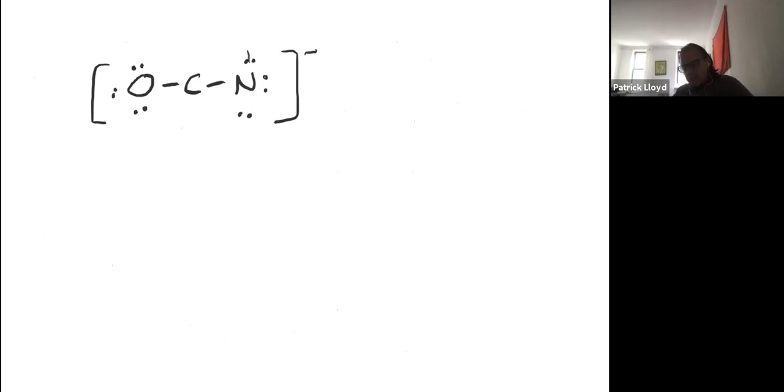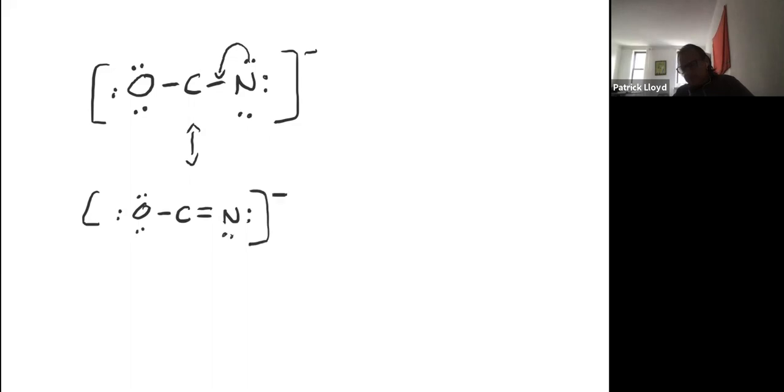If I push 1 pair over here, I now have a double bond between the carbon and the nitrogen. We want this one to be -1. So what is it right now? What is the oxygen's formal charge now? I'm going to do a calculation on it right now just to show you.